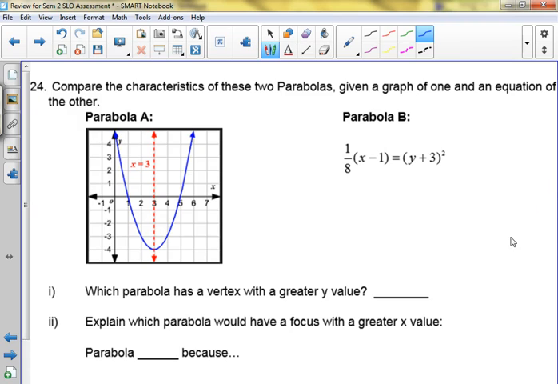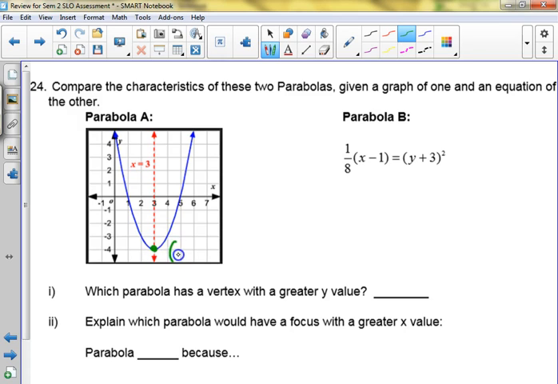Okay. This is a concept question that you've probably never seen one exactly like this. It says, compare the characteristics of these two parabolas given the graph of one and the equation of the other. Which parabola has a vertex with a greater y value? Which parabola would have a focus with a greater x value? Okay, can you estimate a vertex for this one?